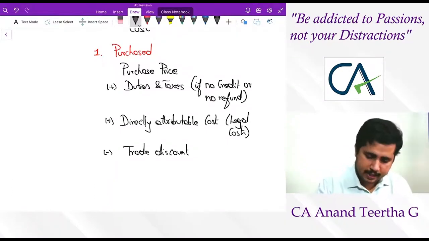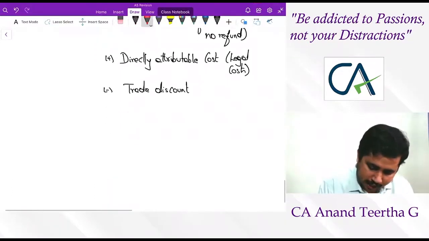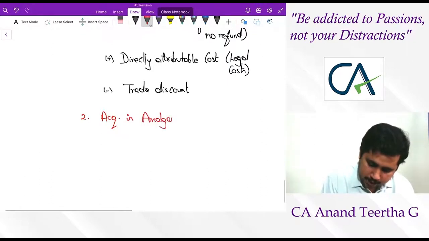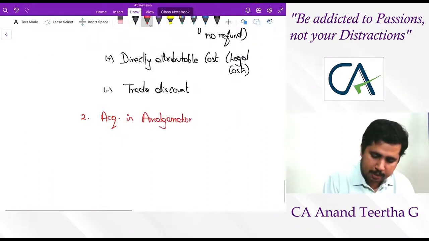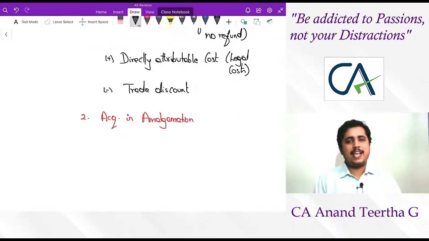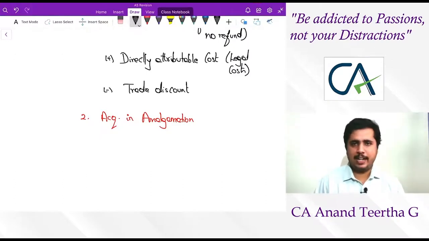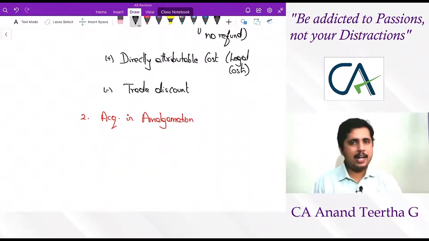Then the second situation: if it is acquired in amalgamation. First, AS14 principles will apply to calculate goodwill and all. AS14 principles come into effect, agreed. But apart from that, there are certain other rules we need to understand.